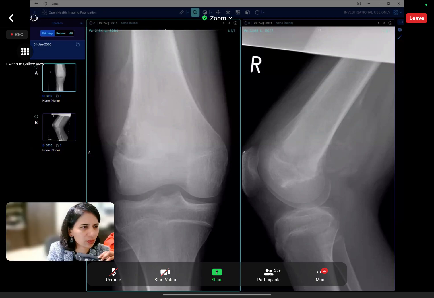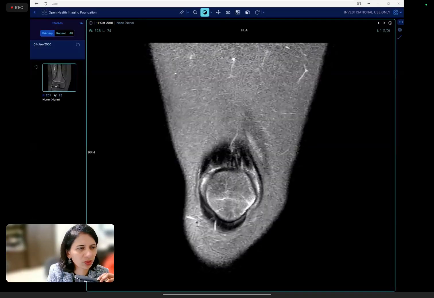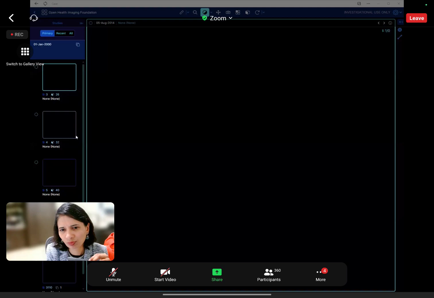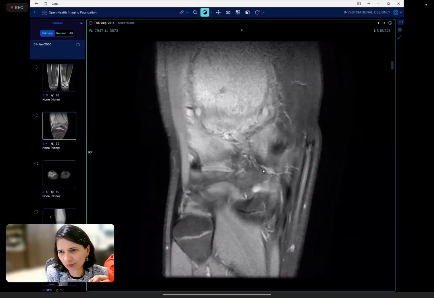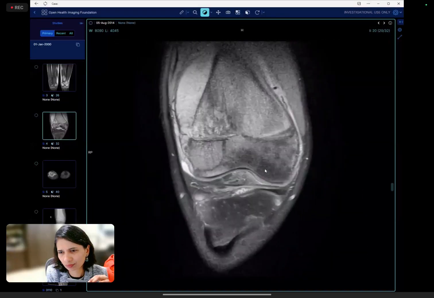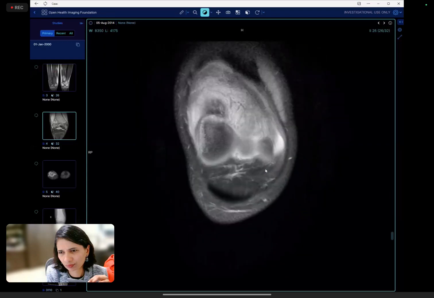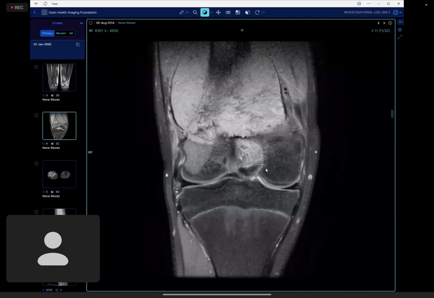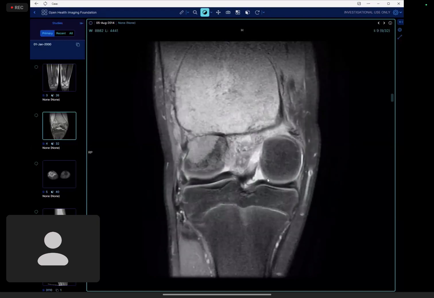Okay. So, MRI of this patient. This is the coronal fluid sensitive.